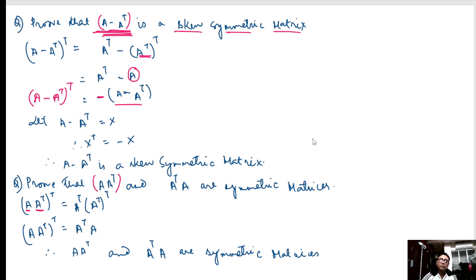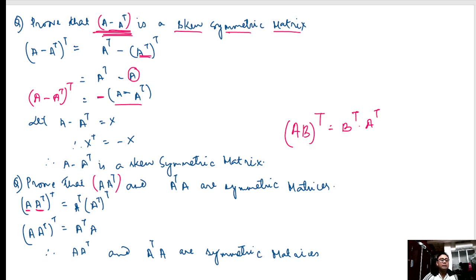And we already know that (A into B) transpose is actually B transpose into A transpose. So this is the B, and this is B transpose into A transpose. We are doing that.